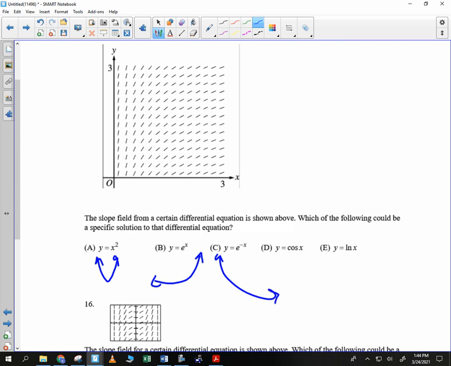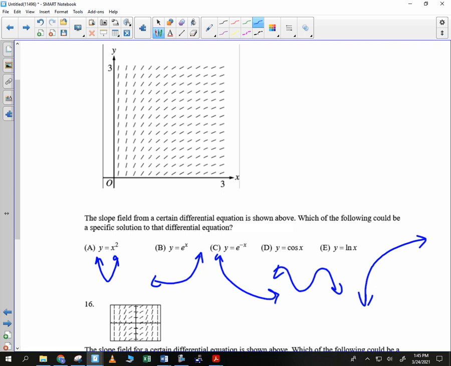Cosine? Yep. Natural log. Yep. Sure. Which one of those graphs do you think would fit with the slope field best?